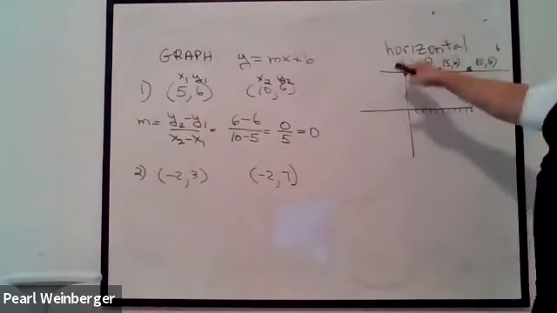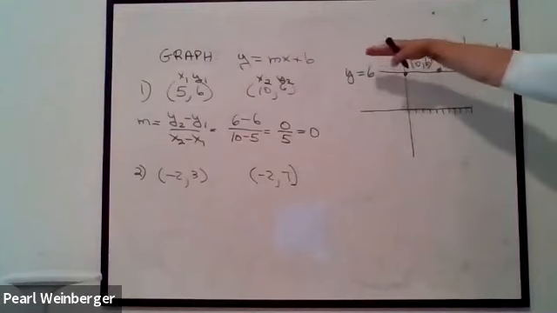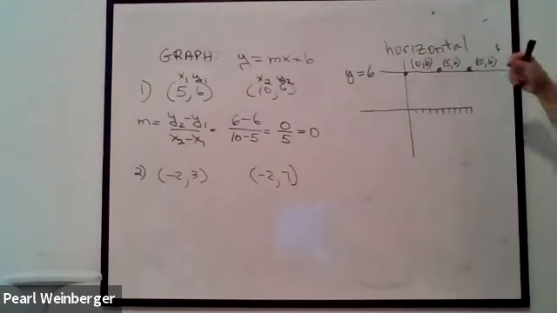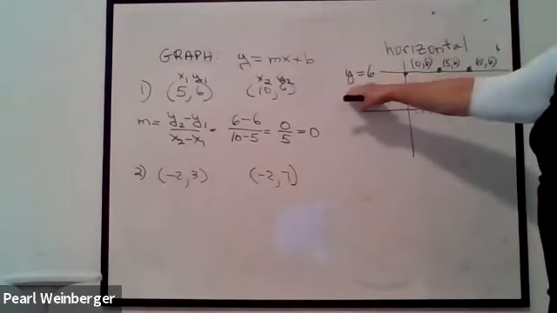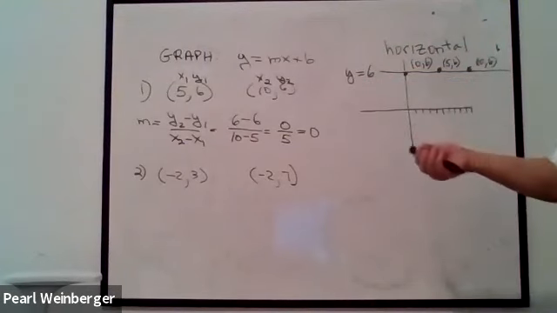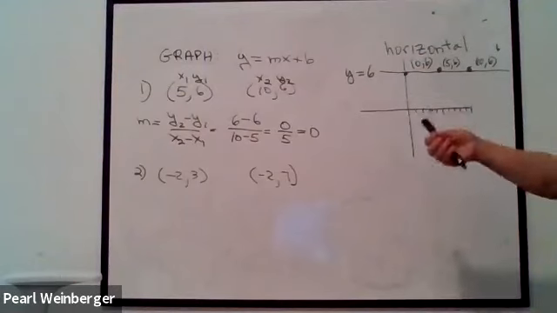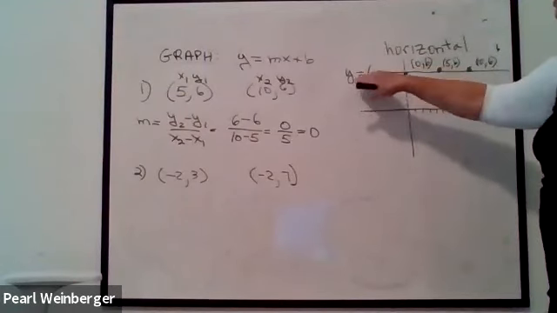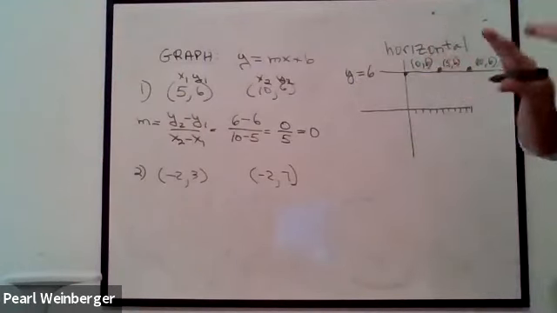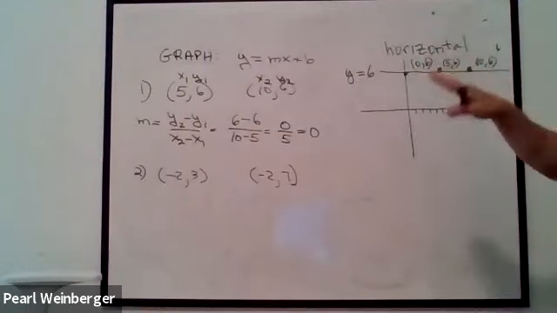So here we're looking at a special type of line called a horizontal line. Its equation is different; it doesn't have a y equals mx plus b equation. Its equation is just y equals a number. There's no x in this equation at all.